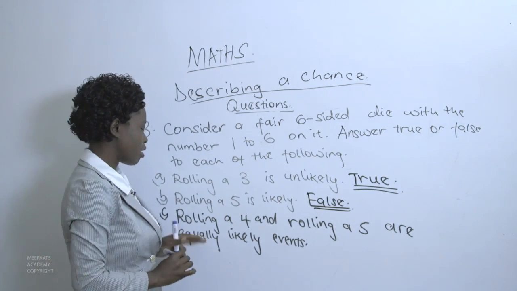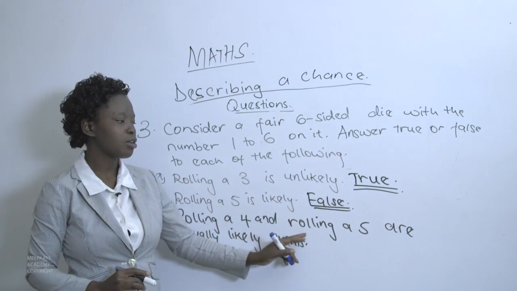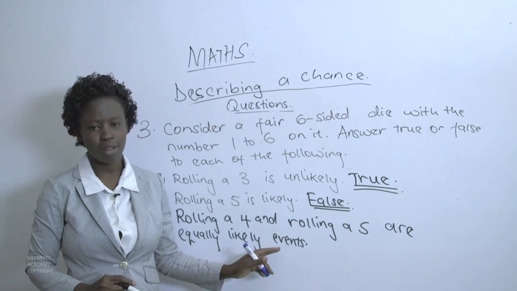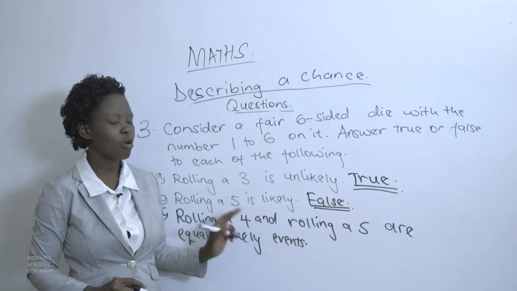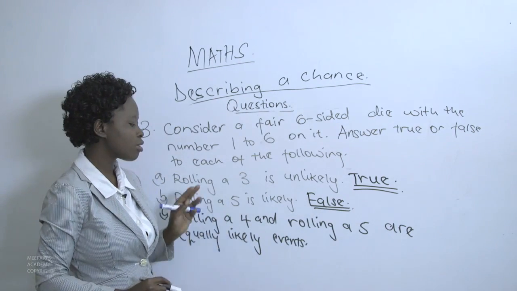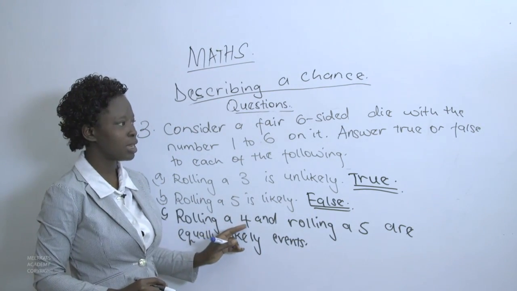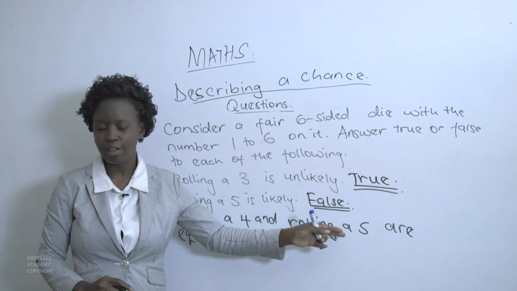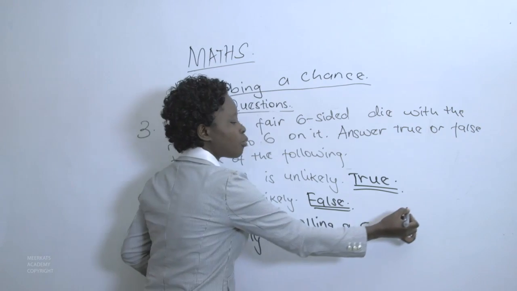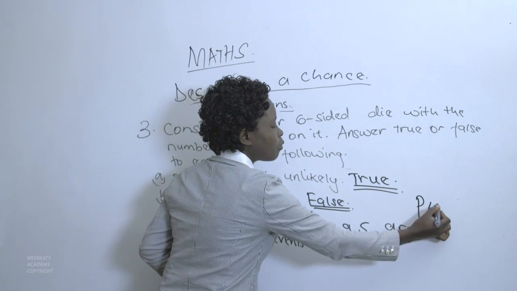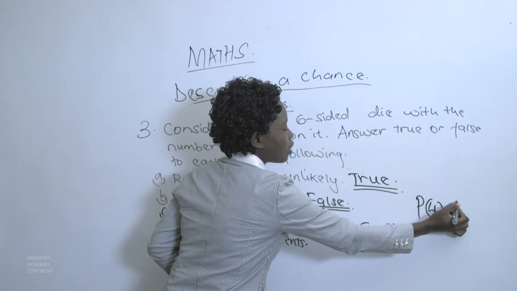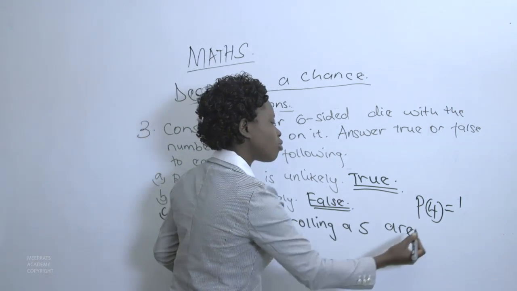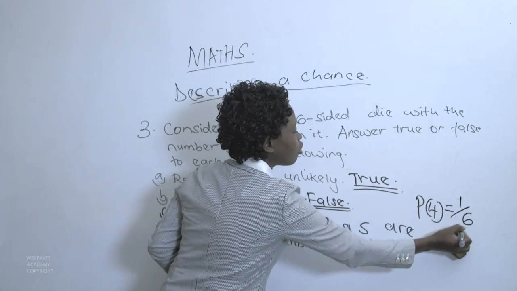The next one we are having: rolling a 4 and rolling a 5 are equally likely events. This means we need to find the possibility of rolling a 4 and the possibility of rolling a 5. The probability of rolling a 4 is one favorable chance out of a total of 6.